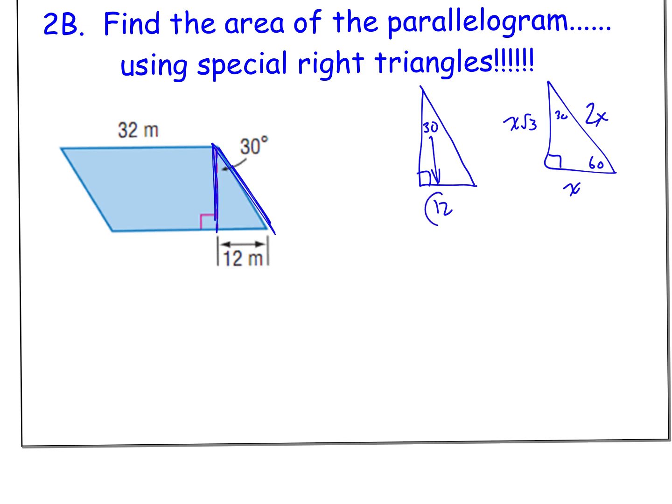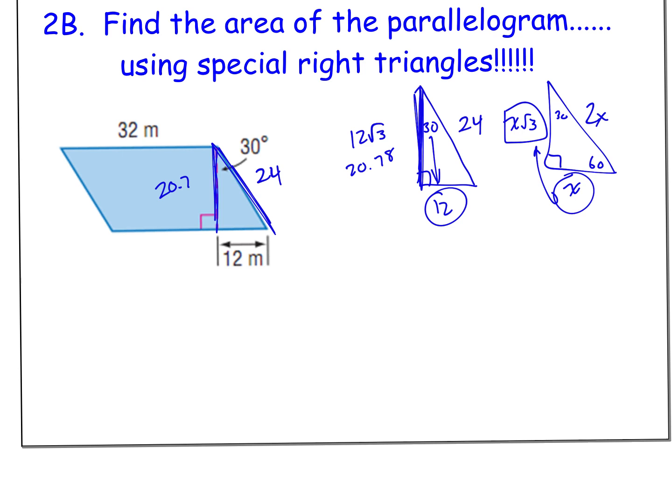So if this is 12, my hypotenuse is 24, which means this length is 24. And then the middle side right here is whatever the short side is times square root of 3. So this would be 12 times square root of 3, which as a decimal, because that's what we're using here, is 20.78.